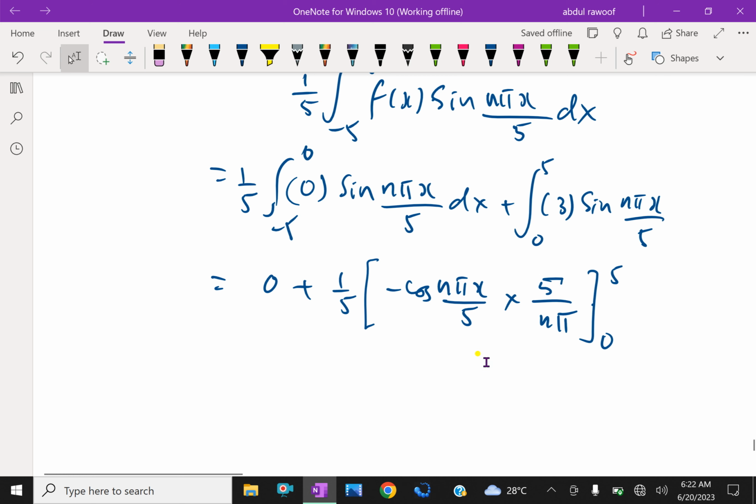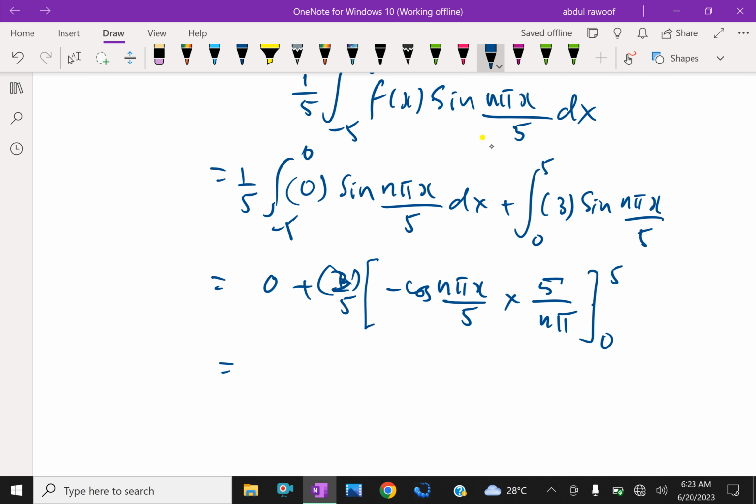Therefore we have 3, because the function is 3.